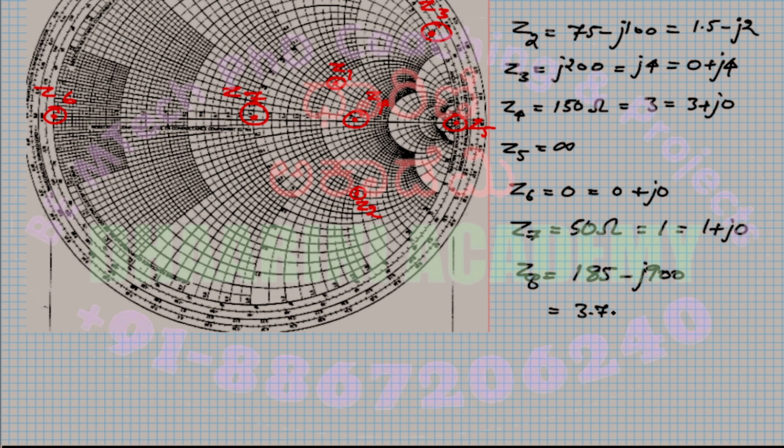Okay, 3.7, and 18. So that means I need to look at the R equal to 3.7 circle first. Okay, so R equal to 1, 2, 3 here. Maybe this is 4. So 3.7 is approximately here. Since it is negative, I'm looking downwards, somewhere here. And 18: X equal to 18, I need to find out.